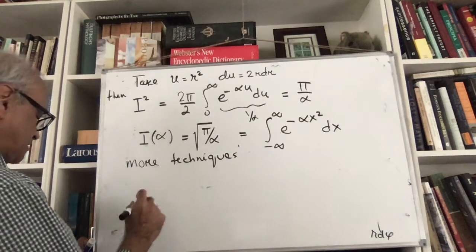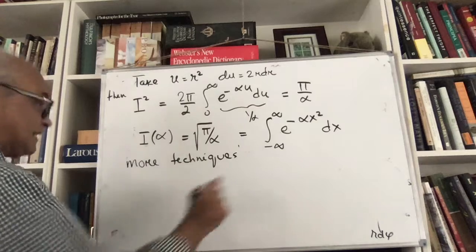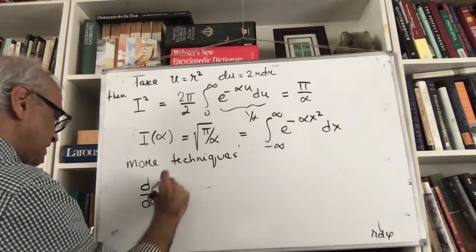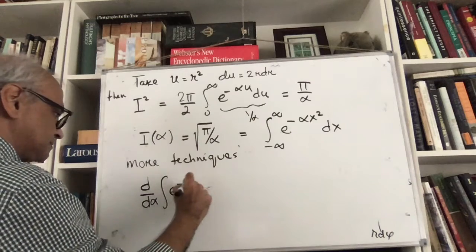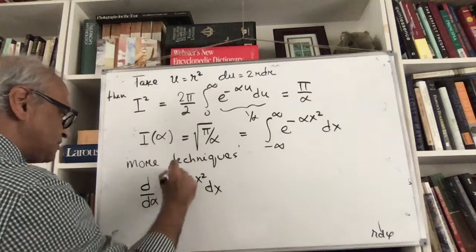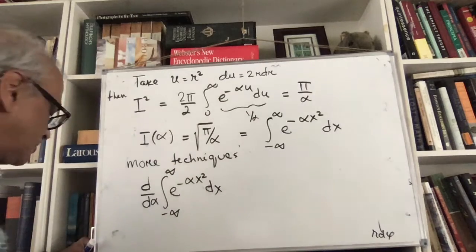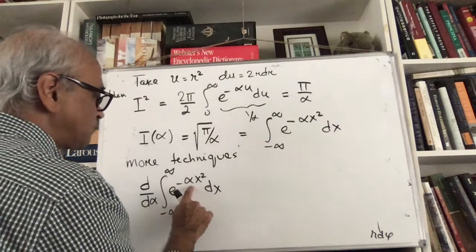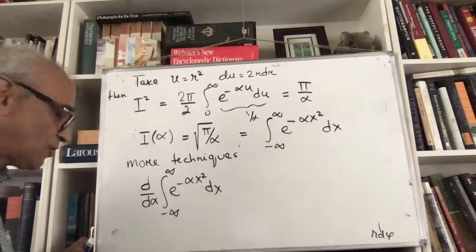One of the techniques would be, if I take that guy and I just differentiate it from minus infinity to plus infinity. You can notice that I'm differentiating with respect to alpha. I'm not touching x at all.